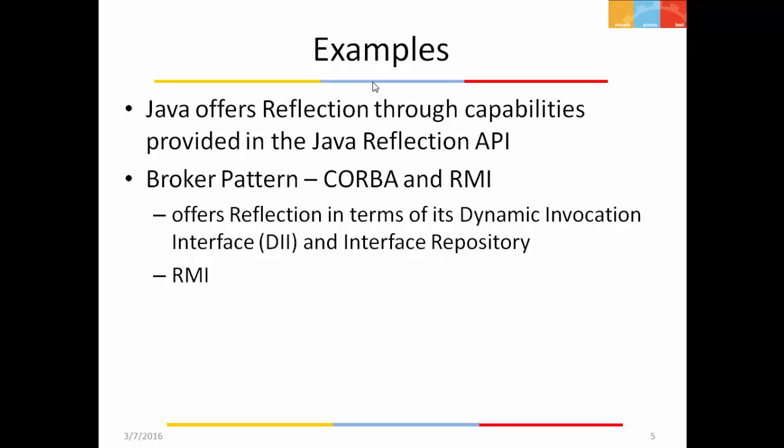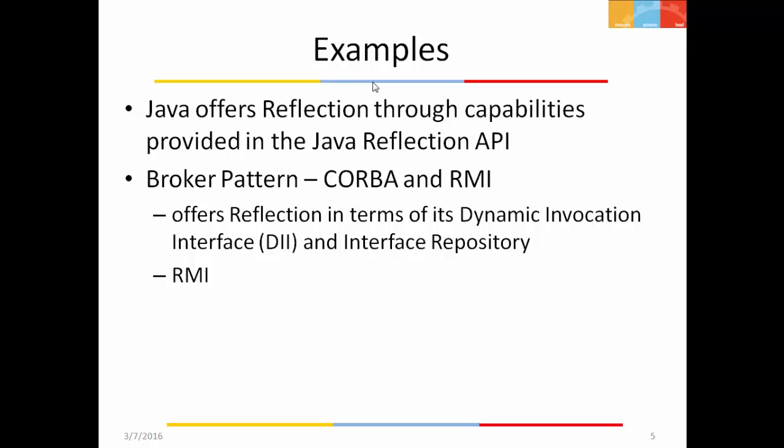What CORBA did was offer reflection in terms of dynamic invocation of the interface. It maintains an interface repository, and from the interface repository the CORBA infrastructure would be able to query and get the related information about the interface, and then it can make a call.